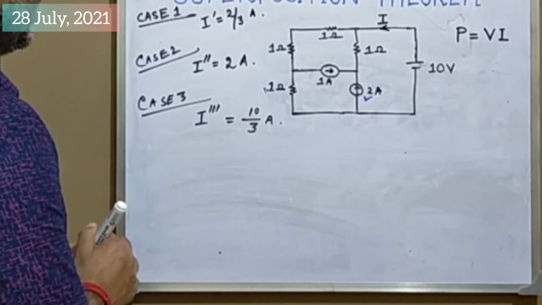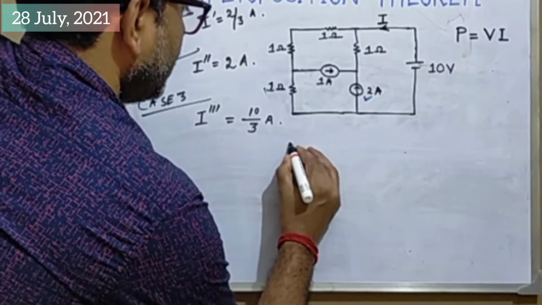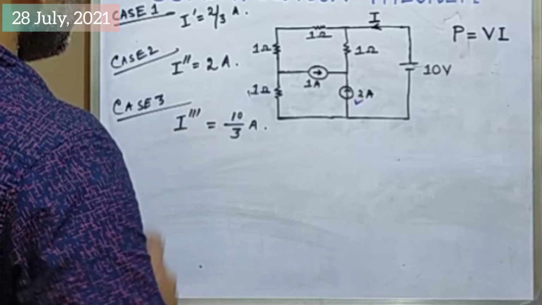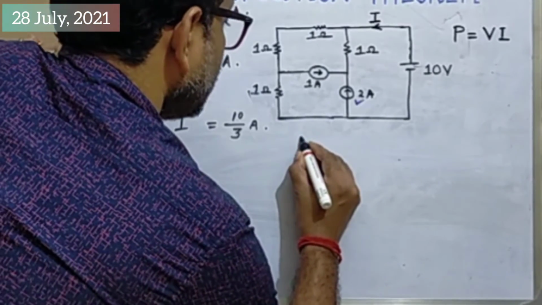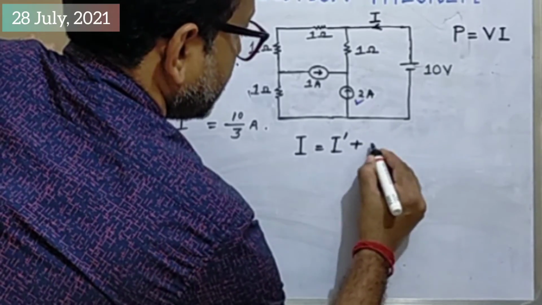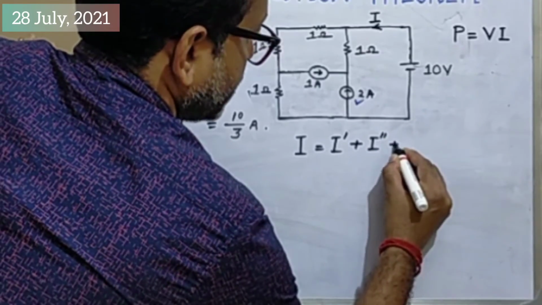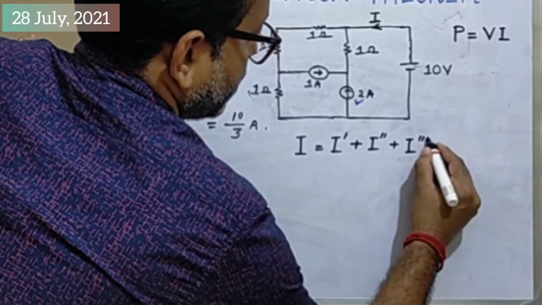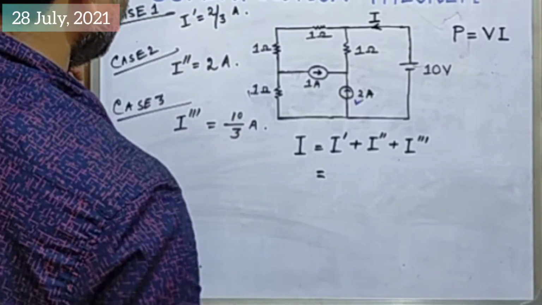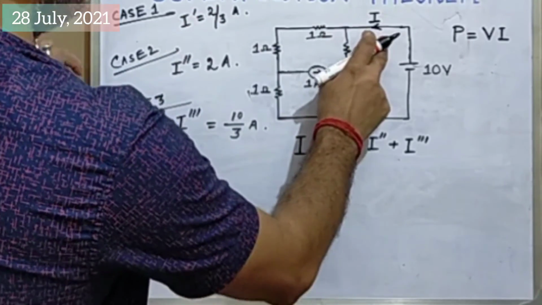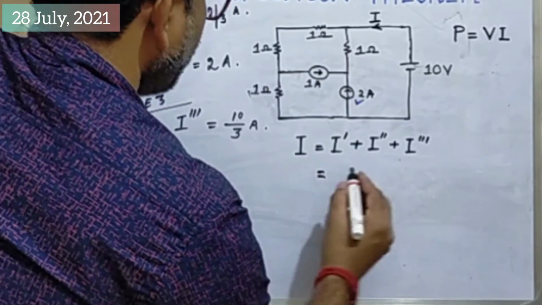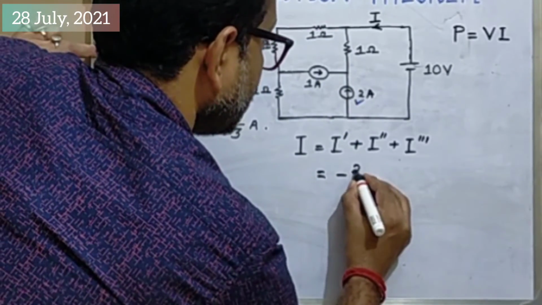Now we will apply the additivity property, that means total current I equals I dash plus I double dash plus I triple dash, where I dash is 2 by 3, but its direction is just opposite to the actual current direction I. That's why we should consider minus 2 by 3.